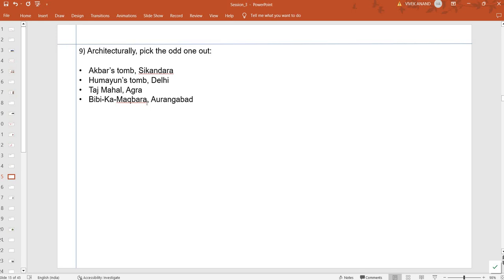One more feature which is missing in Akbar's tomb. So dome. Yeah, you can say, but one very prominent feature which is not there in Akbar's tomb.